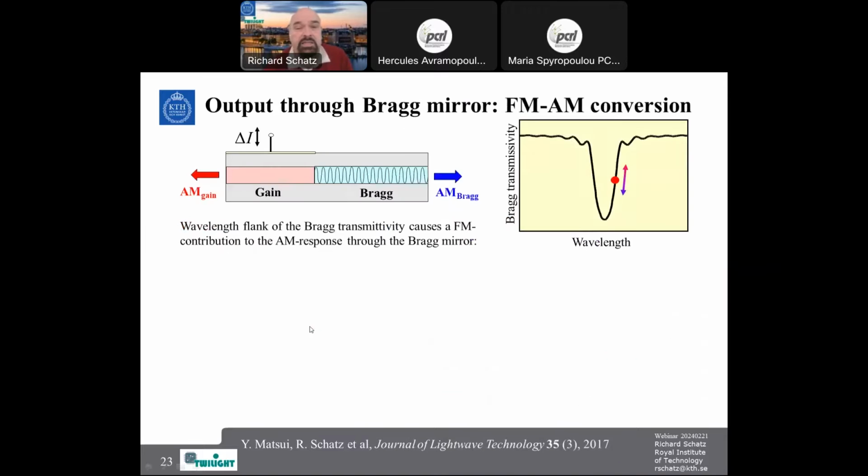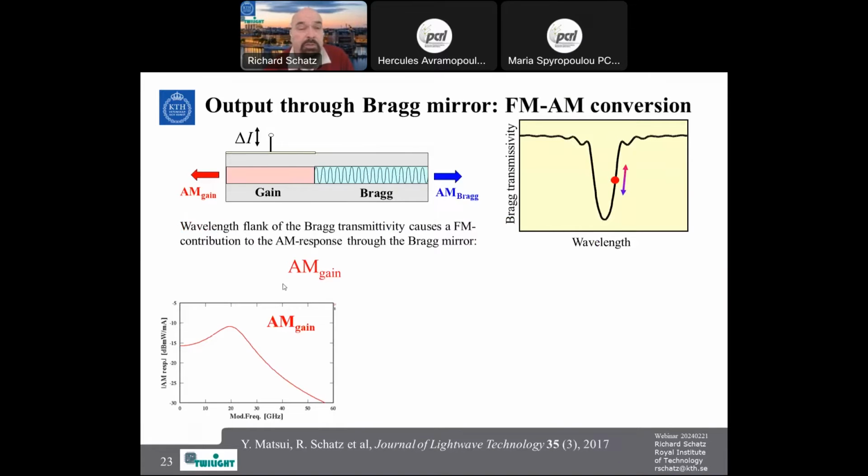To understand why it is like this, if you look at this, this is the AM response from the left section. From the right section, the Bragg section, the response will not only be AM, it will also be dependent on the FM response, because when you change the frequency of your device, the transmission of your mirror will change.